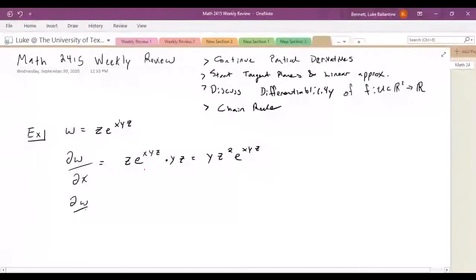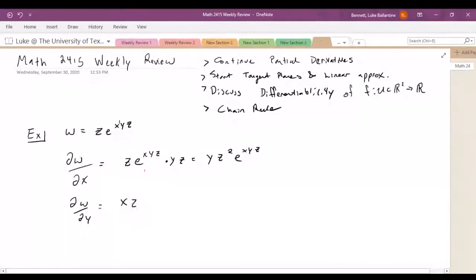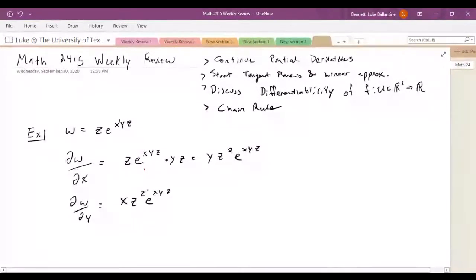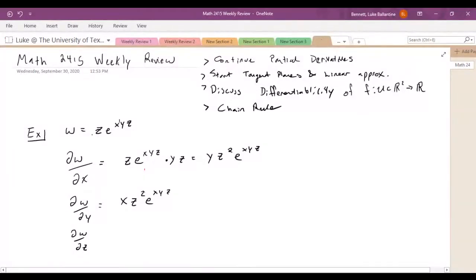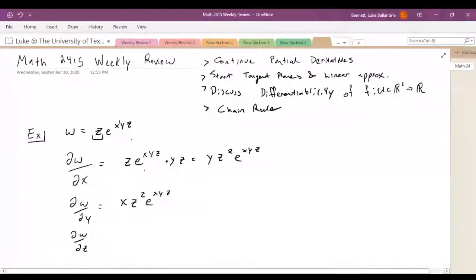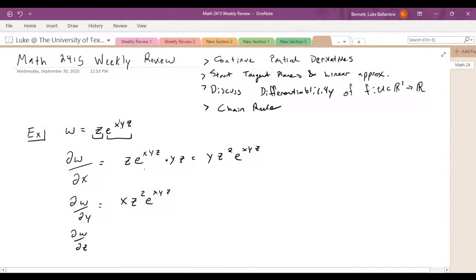Same situation for y. It's going to be xz squared e to the xyz. But when we take the partial of w with respect to z, we'll notice that we have z times e to something with z in it, so we need the product rule.